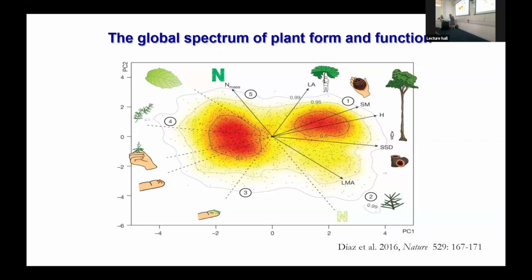Now, a couple of words about what this color map represents, because it's going to be the same for all the other graphs I show. This is a probability density map. And it shows how many times a particular combination of plant traits is found among existing species. So you can see here, there are some plant designs, some combinations of traits, which are much more popular than others.